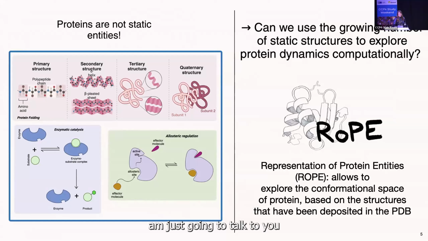So I'm going to talk to you a bit about ROPE, and then how I combined ROPE with some other methods in order to go in the direction of understanding the dynamics.